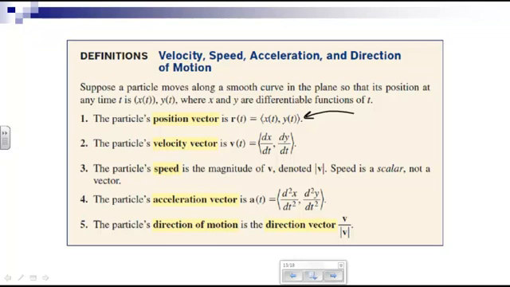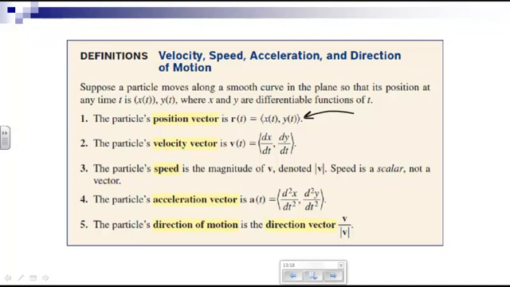Now, what happens? If position is one vector, then we should be able to find the velocity and the acceleration based on that vector. And that vector, the velocity vector, is indeed described with the letter V. It is found by taking the x component's derivative with respect to t and the y component's derivative with respect to t.